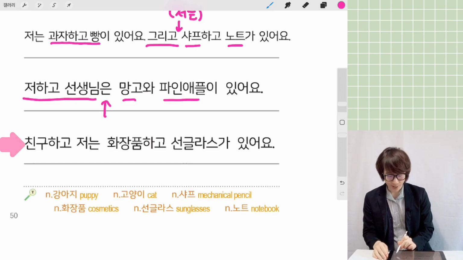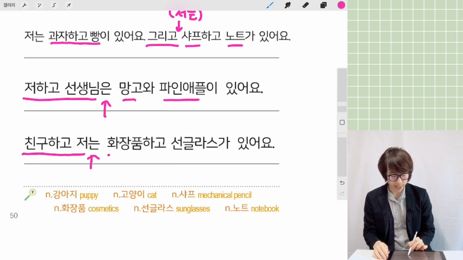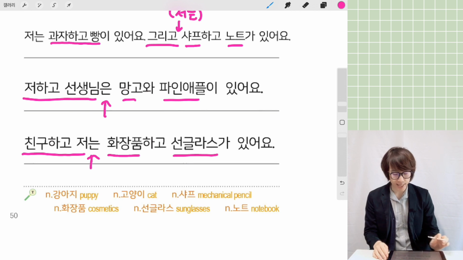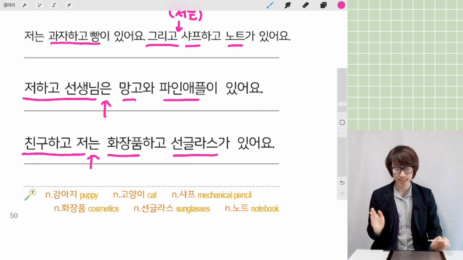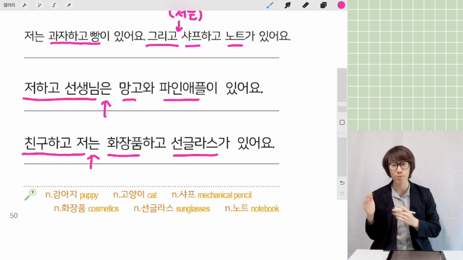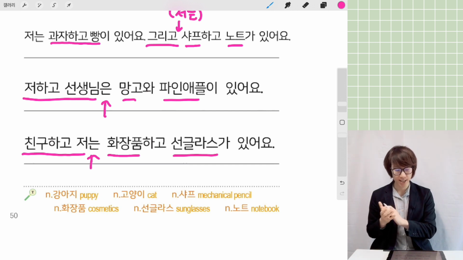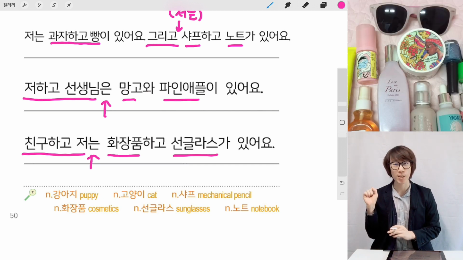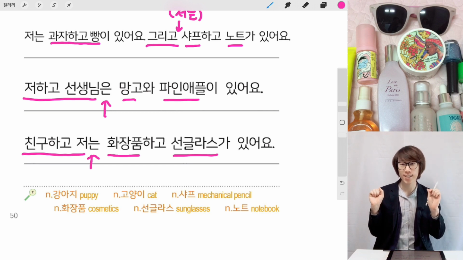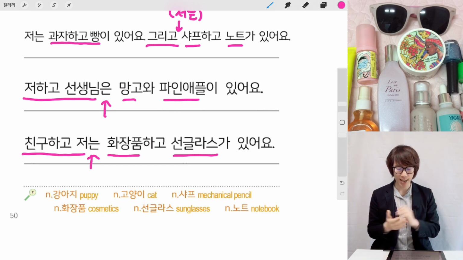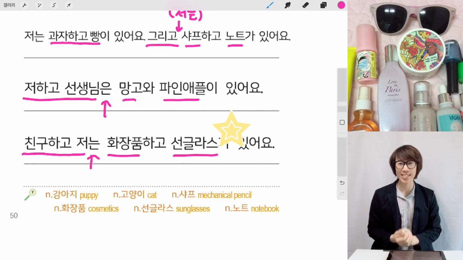Next sentence. 친구하고 저는 화장품하고 선글라스가 있어요. Subject. 친구하고 저, friend and I, have 화장품, cosmetics, and sunglasses 가 있어요. Friend and I have cosmetics and sunglasses.